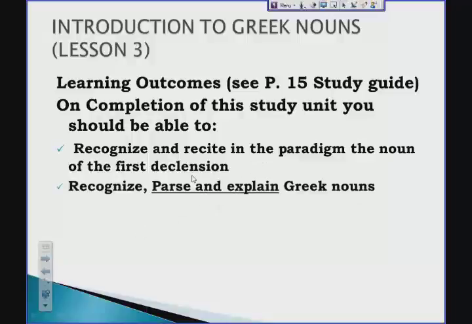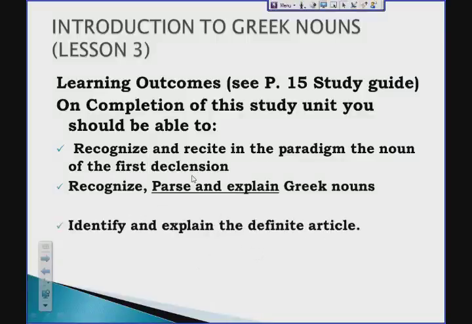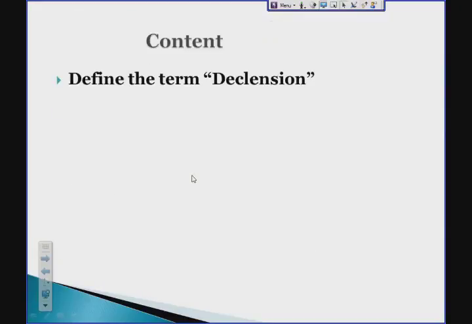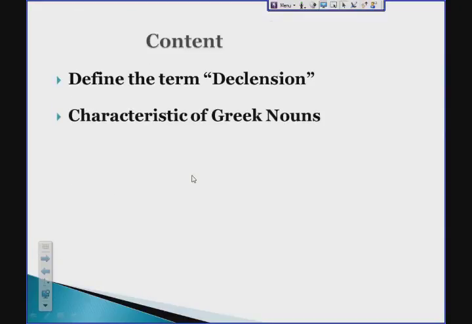And then recognize, parse, and explain Greek nouns. We are focusing on the nouns of the second declension. Identify and explain the definite article. This is what you did in the previous class. I'm still emphasizing that. The content of today's work, I'm again repeating what you have done last week.